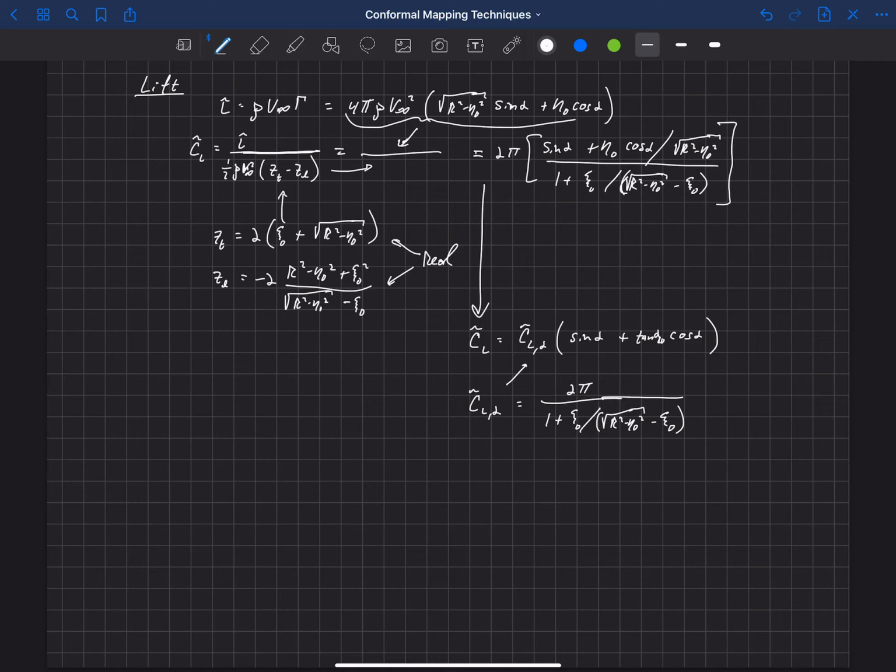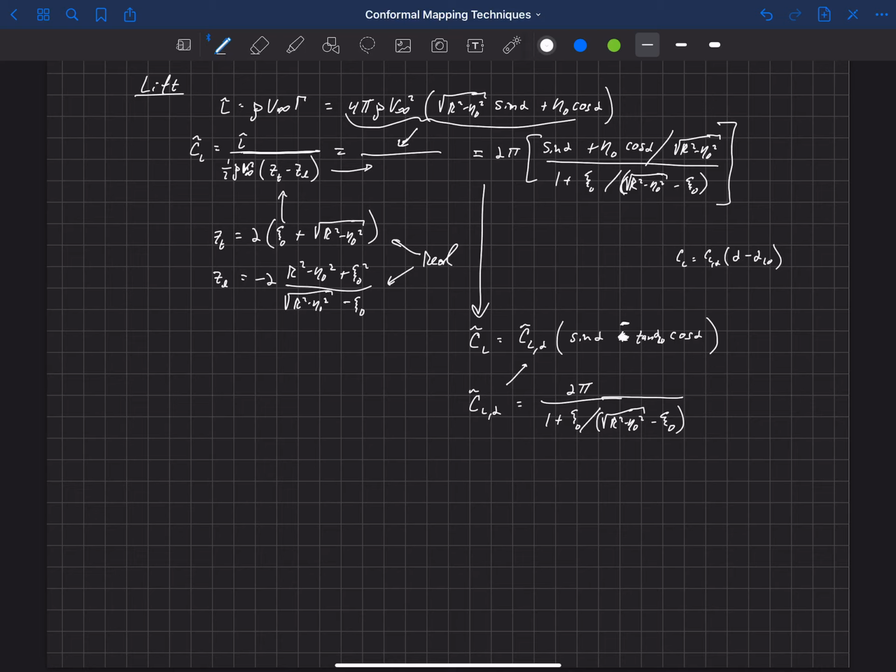From thin airfoil theory, we know that CL equals CL alpha times alpha minus alpha L0. I'm actually going to put a minus sign in front of that, so we put a minus there instead of a plus.